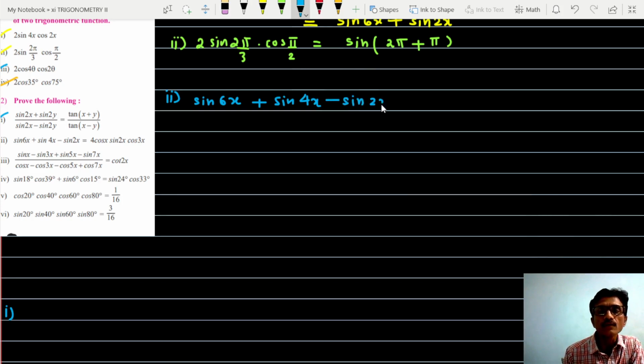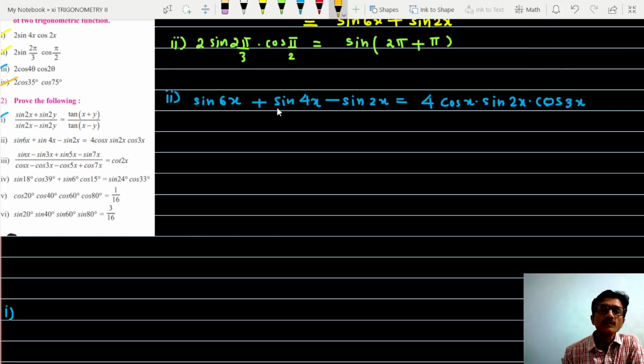We want to show it is 4 cos x into sin 2x into cos 3x.